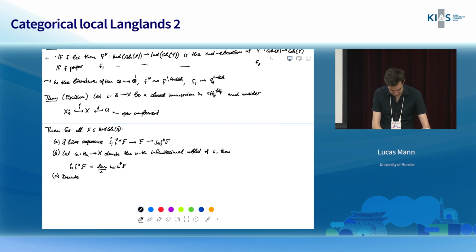So if I denote by N_{Z/X} the normal bundle, formally this is the cotangent complex shifted, dualized.